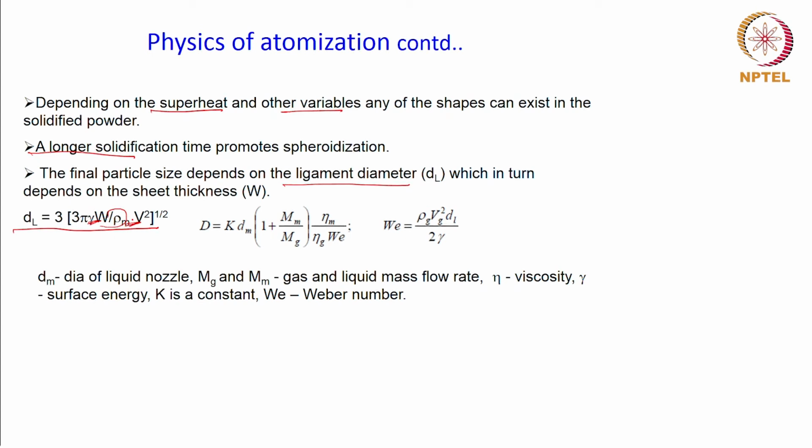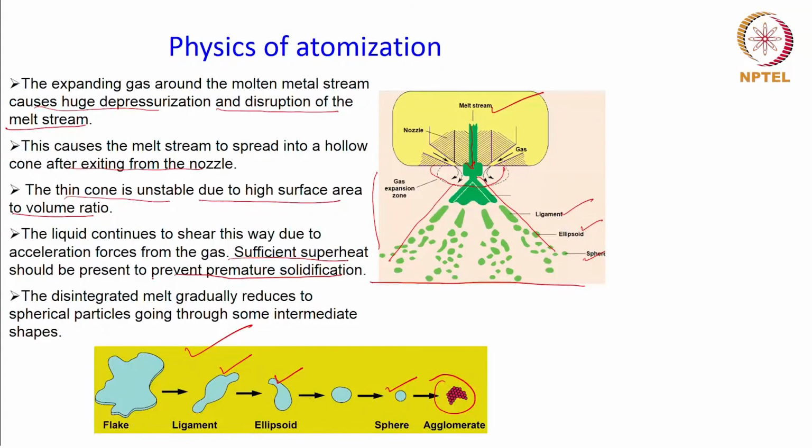And finally, if you see the particle size d, it is given by this particular relationship, wherein dm, this parameter, is the diameter of the liquid nozzle from which the ligament is coming out.